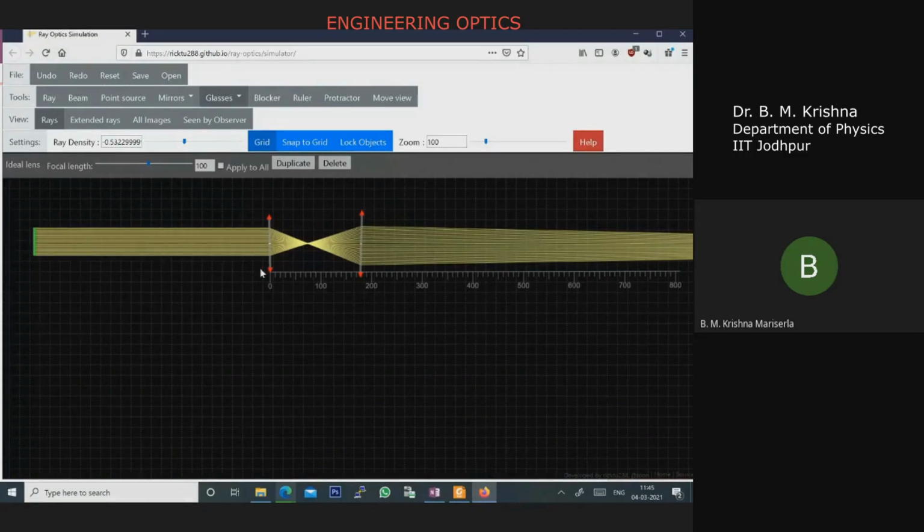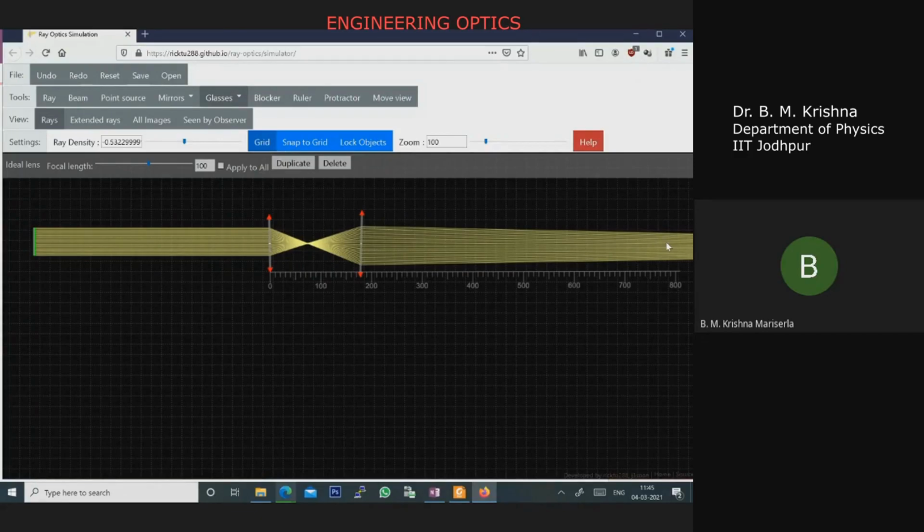Now using two lenses, I can create the high intensity region, which is called a focal region, and after that I am also able to get a collimated beam. With a combination of different optical components, you can design your optical system the way you want.